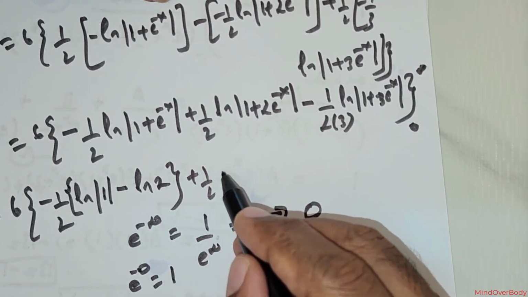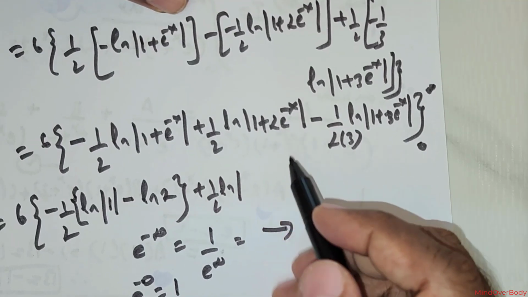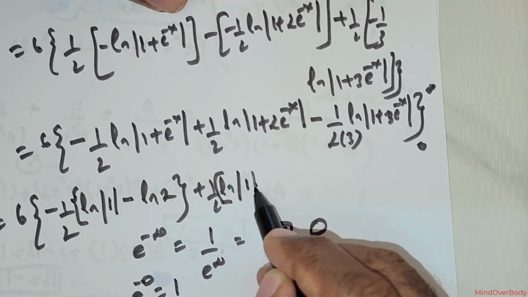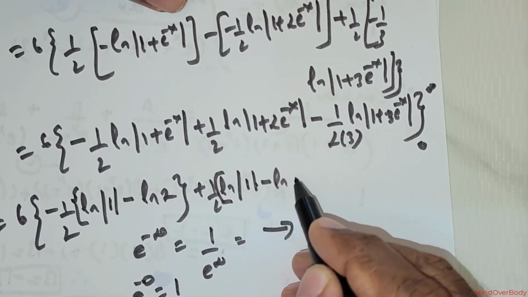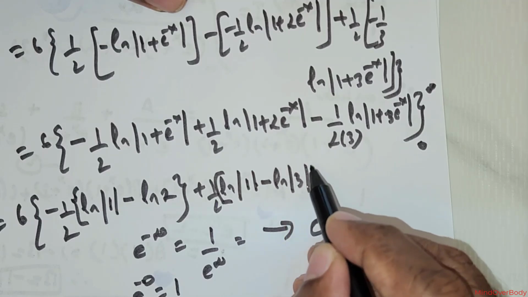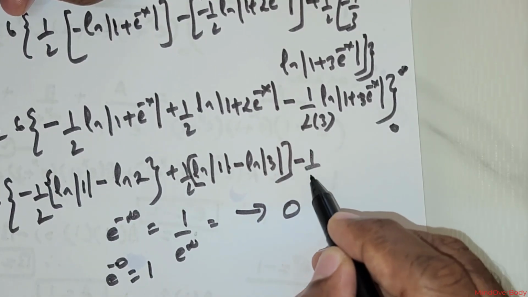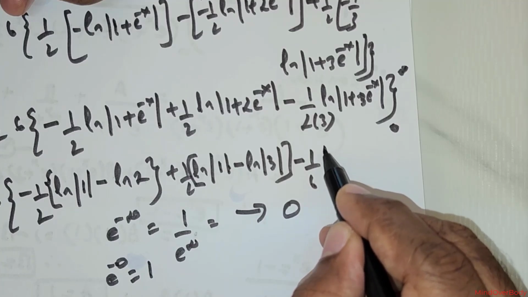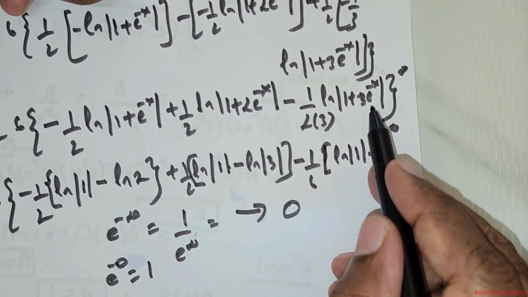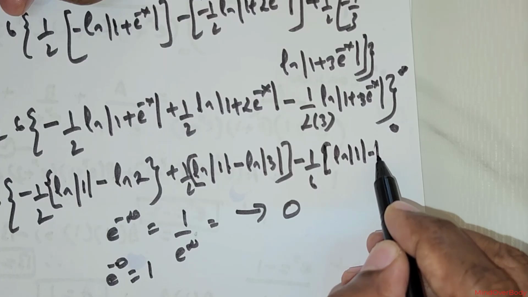Now second part, 1 over 2 ln, this is going to be 0. I already mentioned to you, this will give us 0, so this will be ln 1 minus ln, this is going to be 1, so this is going to be ln 3. So that's going to be the second part. Negative 1 over 6, 2 into 3 is 6, and parenthesis ln 1 minus 0, e raised to the power 0, that's going to give me 1. So that's going to be ln 4.